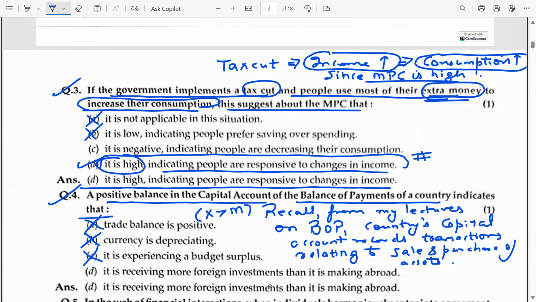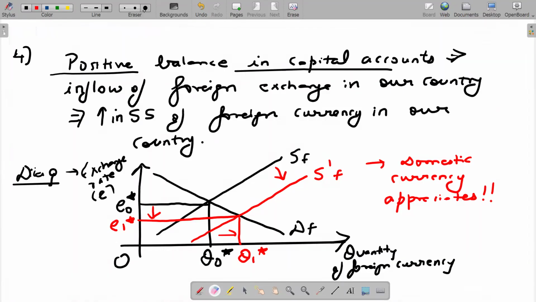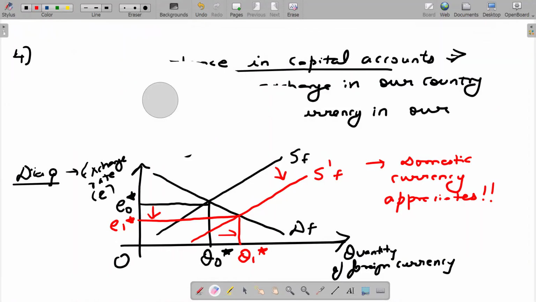No. A positive balance in the capital account does not mean a budget surplus. When does a budget surplus occur? A budget surplus occurs when the revenue of the government exceeds its expenditure.